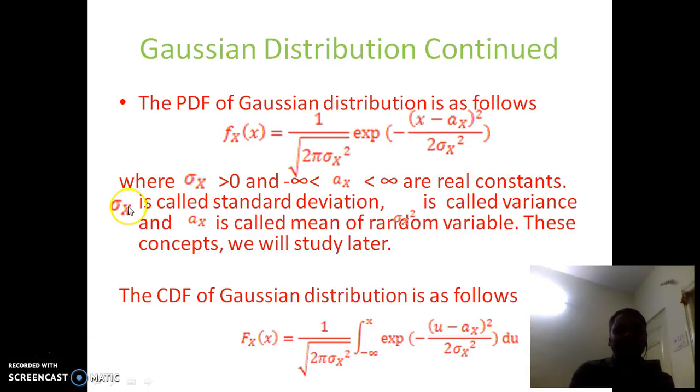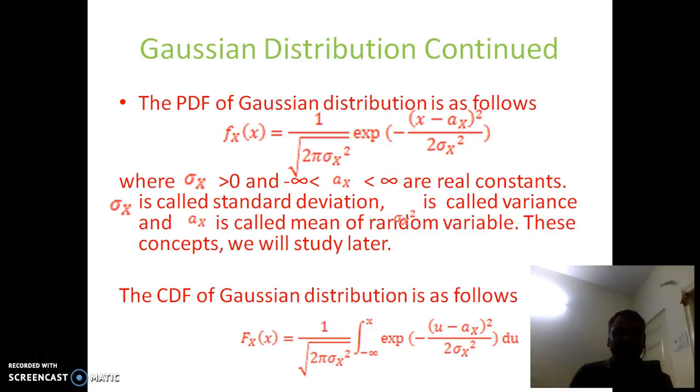Sigma x is called standard deviation. Sigma x squared is called variance and ax is called mean of random variable. These concepts we will study later.